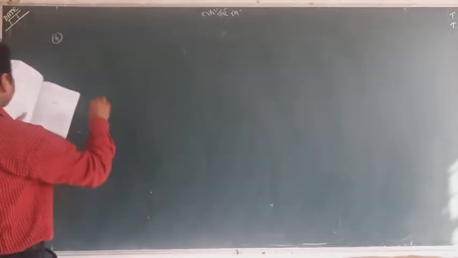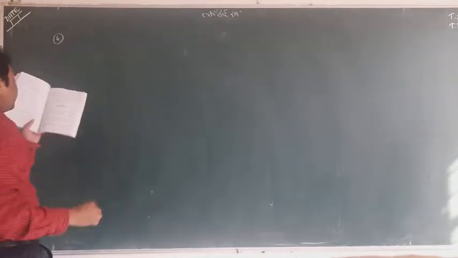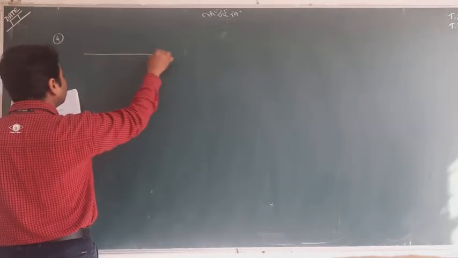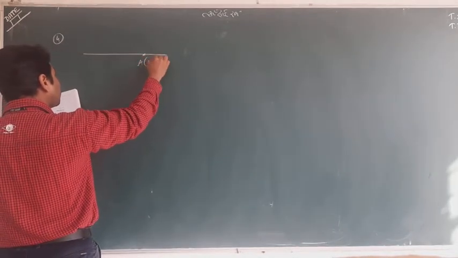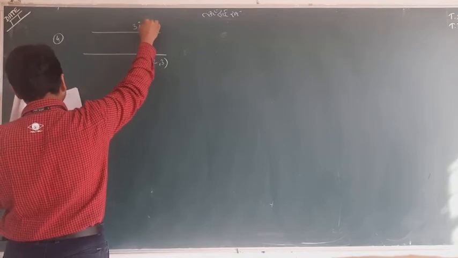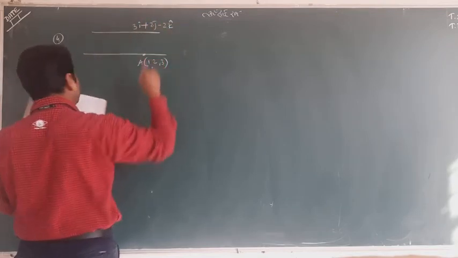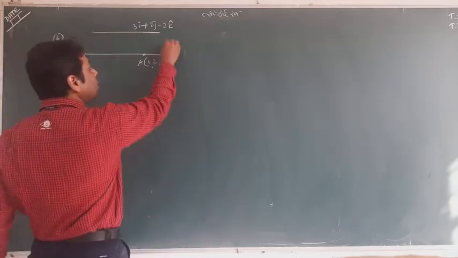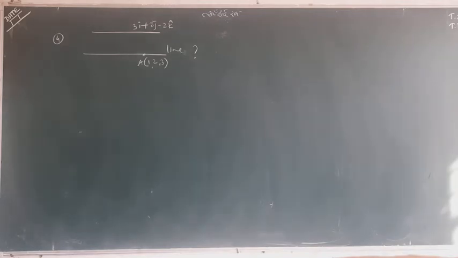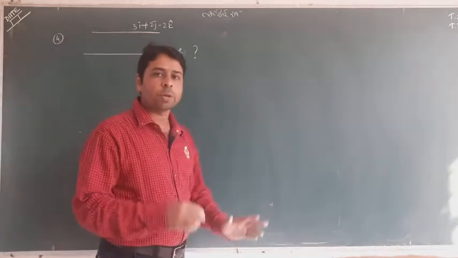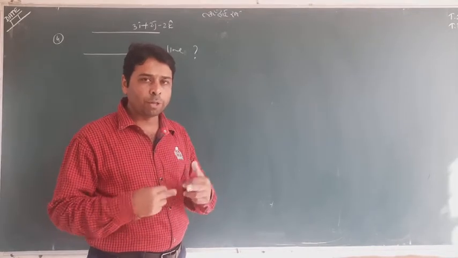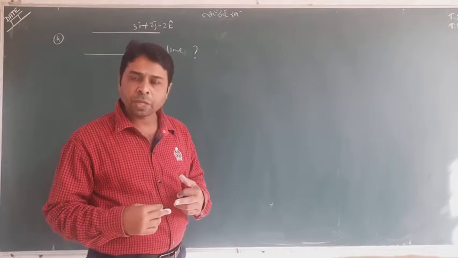Try to understand. The question says, find the equation of the line which passes through (1, 2, 3) and is parallel to 3i plus 2j minus 2k. Do you remember the vector formula? You want to find the equation of this line. If you are good in vectors, you will remember the formula of the equation of a line in vector form.